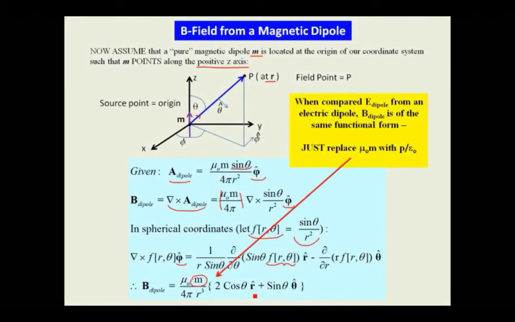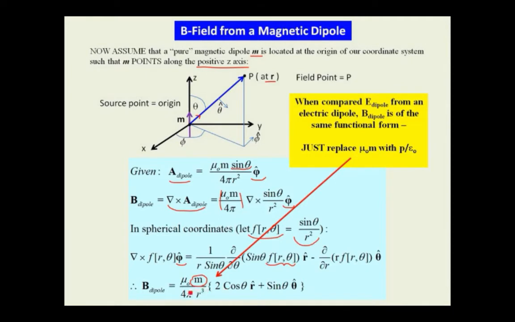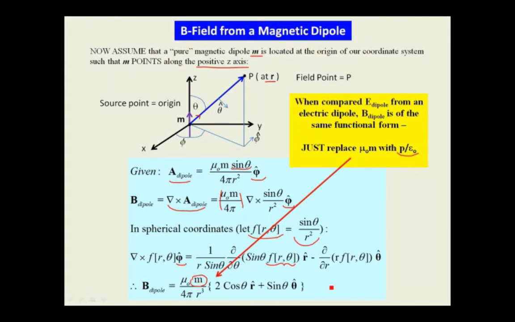If you look at this in terms of what we saw when we did the electrostatic version, the potential of a dipole, it's precisely the same form, except we replace mu 0 m with the electric dipole over epsilon naught. In other words, these two have the same functional form with just a replacement of this constant.